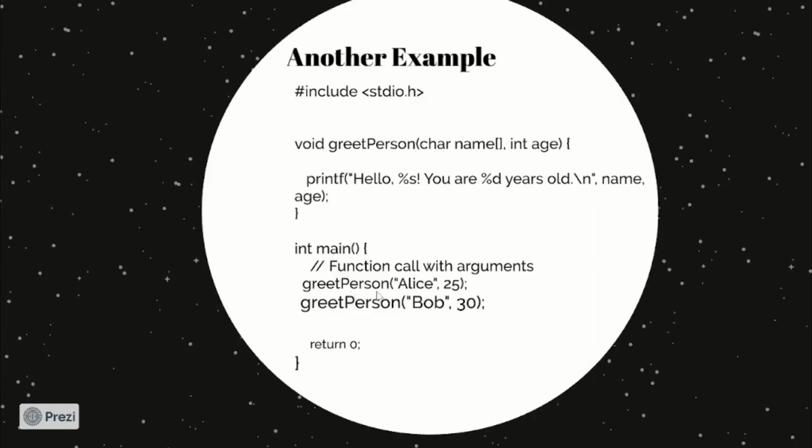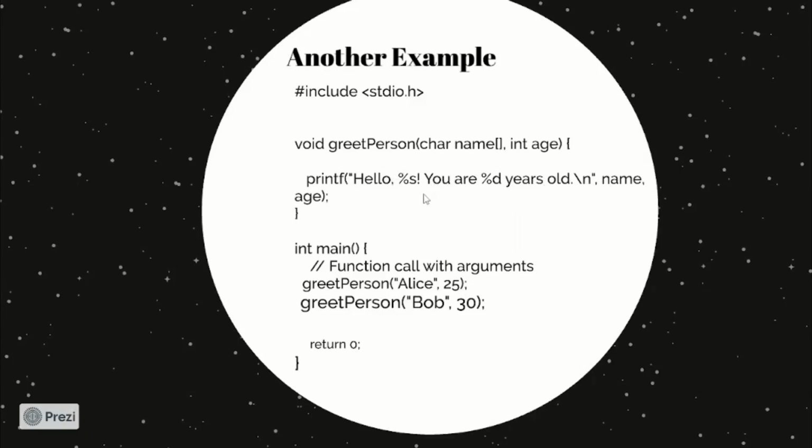greetPerson is a function call, and it calls this function. Alice is assigned to the first parameter, name, and 25 is assigned to the second parameter, age. Once assignment is done, the printf statement works and prints: Hello Alice, you are 25 years old. One more important thing: there is a %s, right?